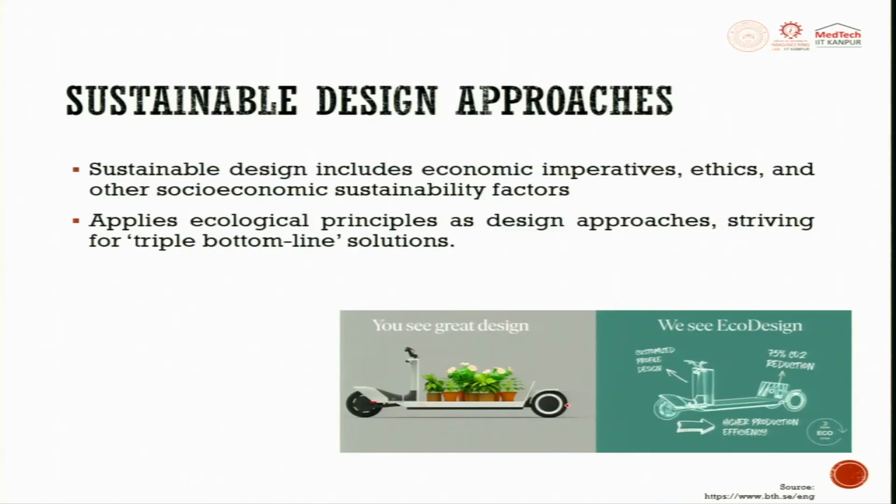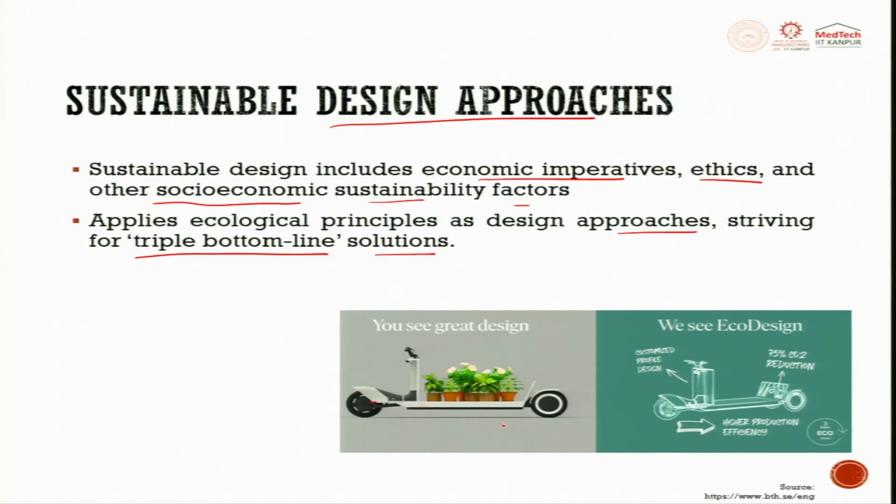Having a look at the sustainable design approaches, the sustainable design includes economic imperatives, ethics, and other socio-economic sustainability factors. Now we apply ecological principles as design approaches, striving for triple bottom line solutions.